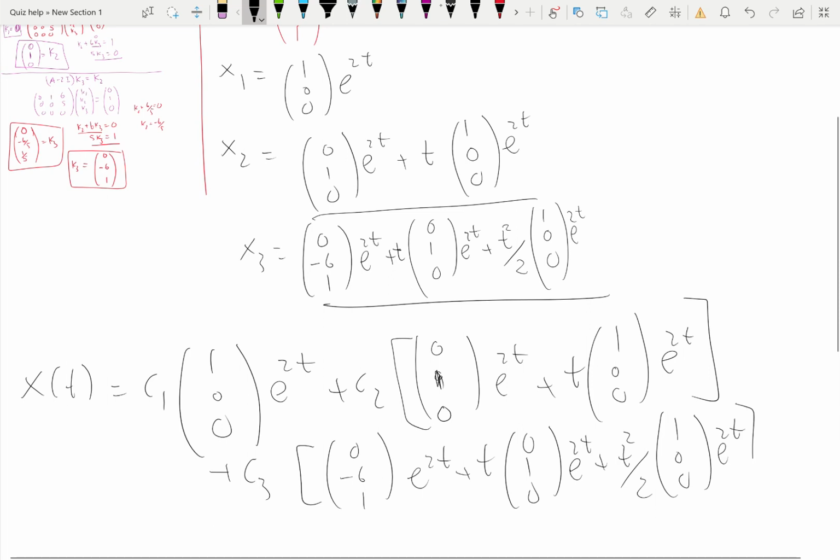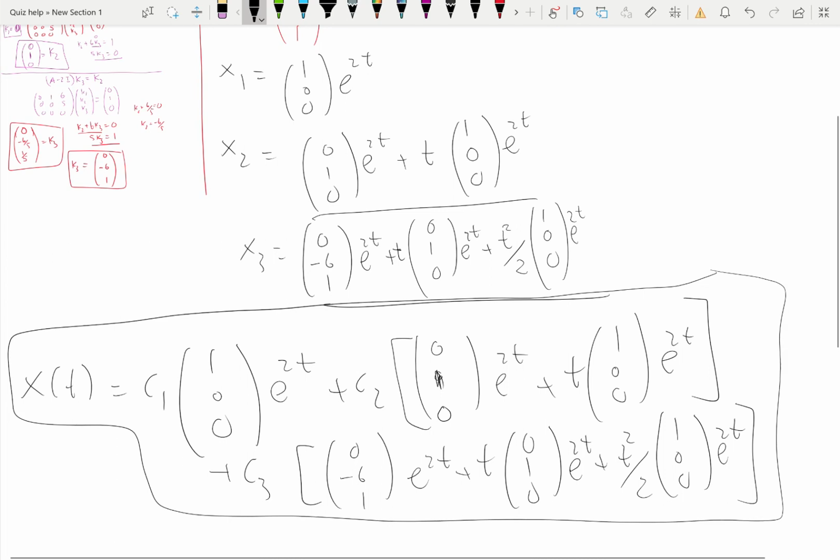So this is the general solution, a bit of a longer one, for our system of differential equations. Okay, all right, thank you.